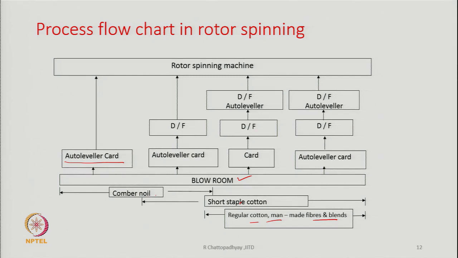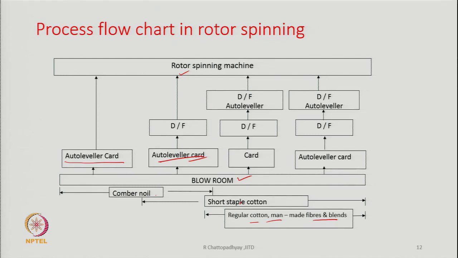The other one is that from the blow room you feed it to the auto leveler card, and then from there it goes to a draw frame which does not have any auto leveler. So, we give one passage to the draw frame, make the fibers a little bit parallel to each other, and then we feed it to the rotor spinning machine for subsequent spinning operations. This is one process.